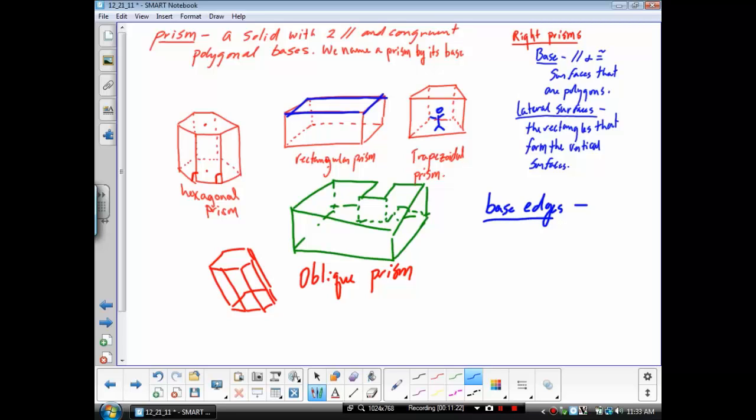We could say edges that form the sides of the base. That might work. Edges that form the sides of the base.